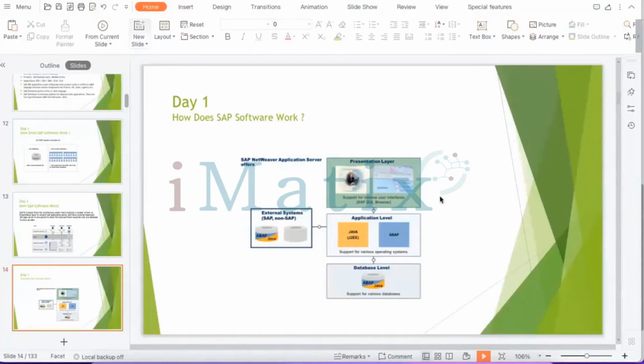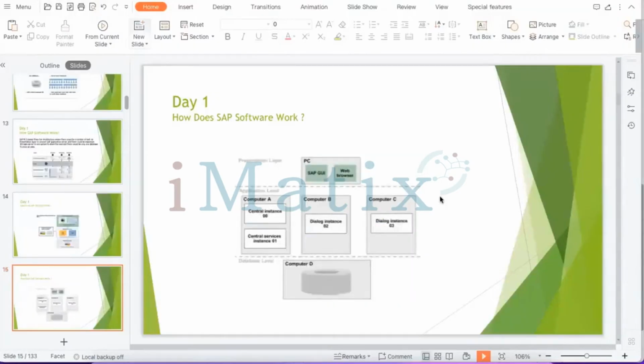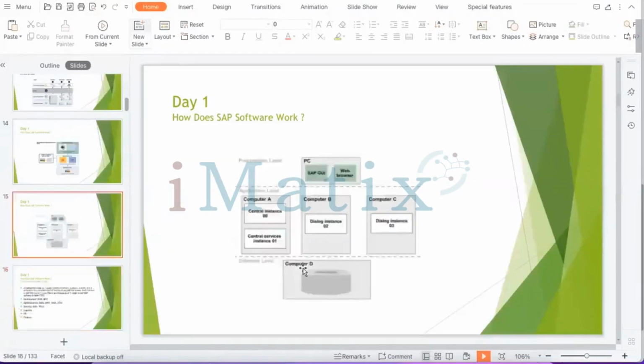Now we can do one exercise. We are going to connect with SAP GUI. You make a connection to the SAP system, and then you connect to the system.